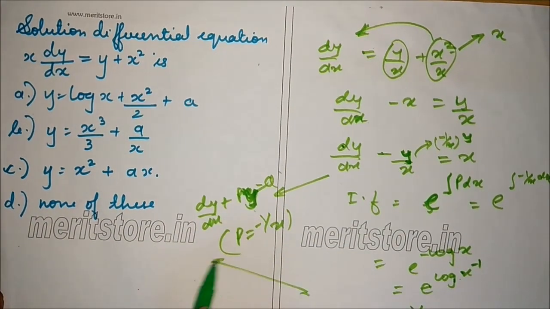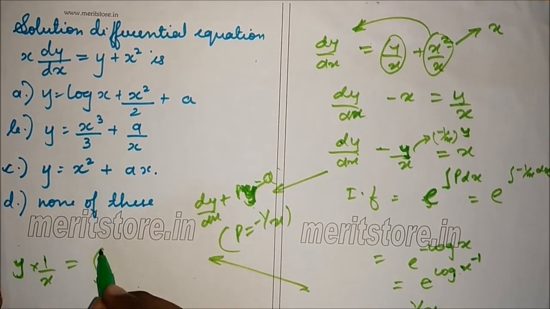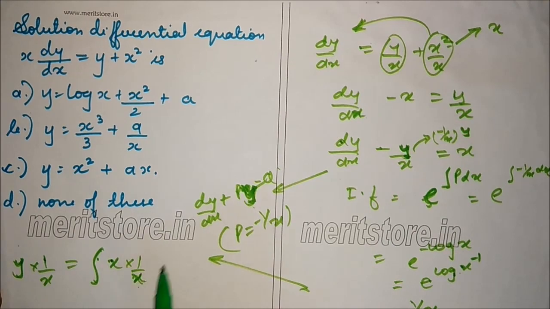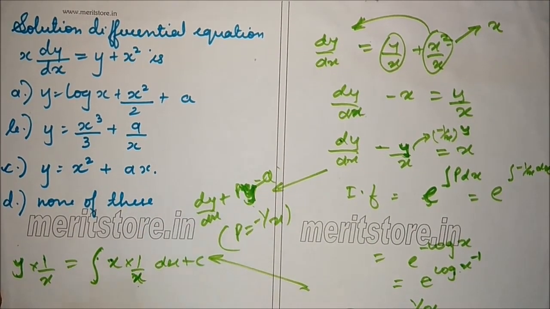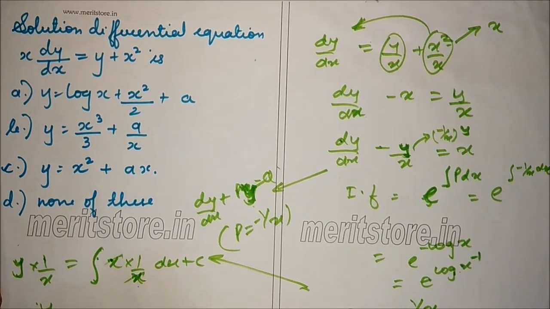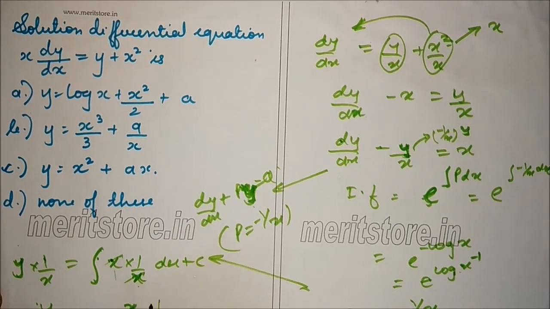Therefore the solution is y times the integrating factor, that is 1/x, equal to the integral of Q times the integrating factor, that is times 1/x, dx, plus c. So x gets cancelled, and we are left with y/x = the integration of 1, which is x, plus c.